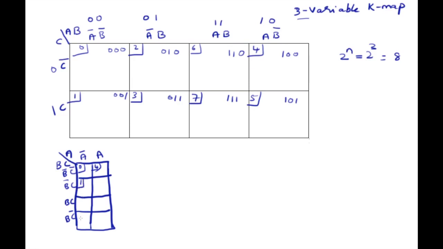A bar means 0 1 0. This will become 2 and 3, 4, 5, 6, 7. These two will interchange, because I interchanged these, since it should have a 1 bit difference.